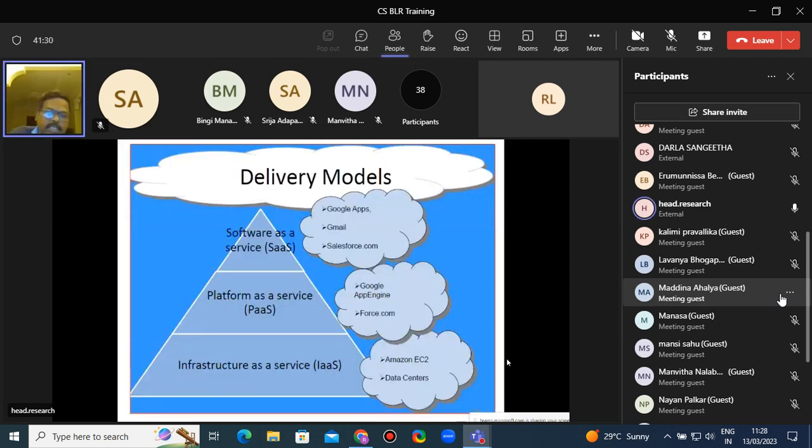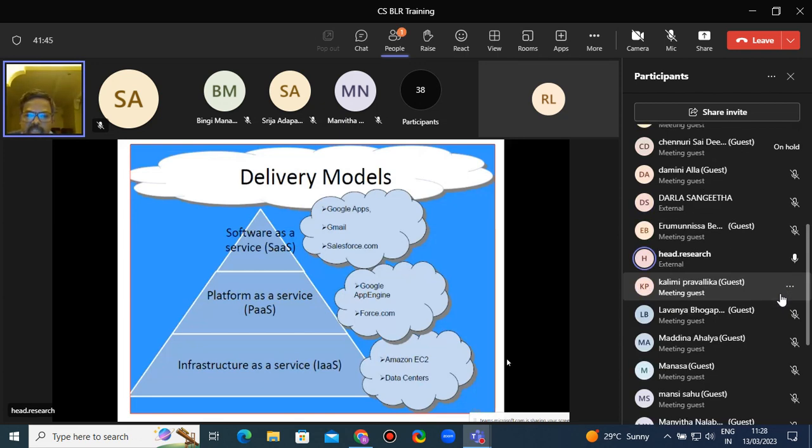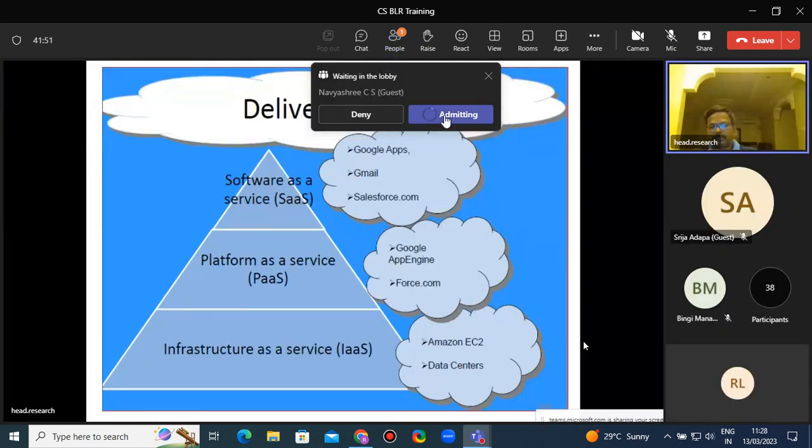You see the examples of delivery models. Software as a service, you can take example Google Apps, Gmail, Salesforce. Platform as a service, you can take example Google App Engine, Force.com. Infrastructure as a service, Amazon EC2 and data centers.